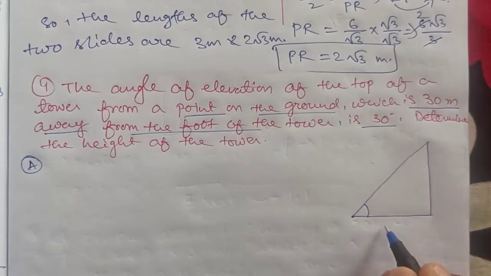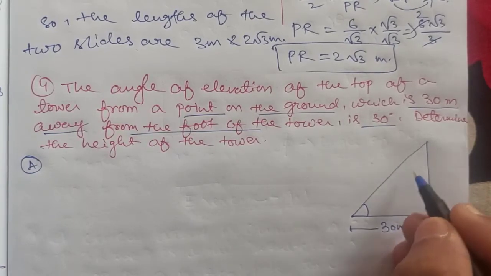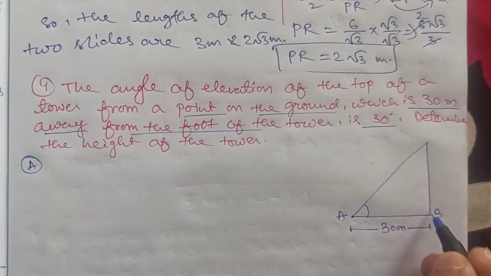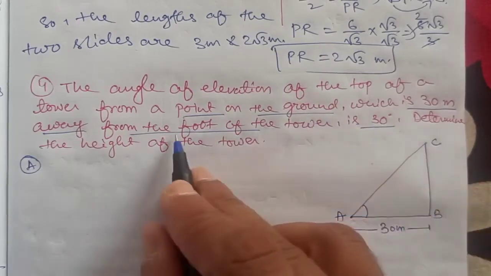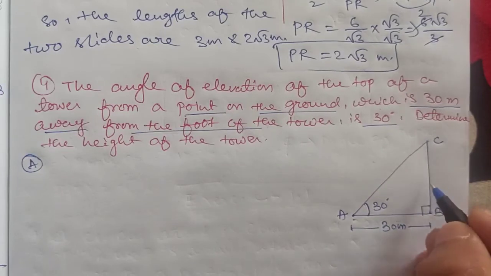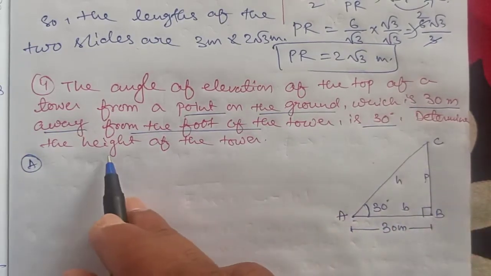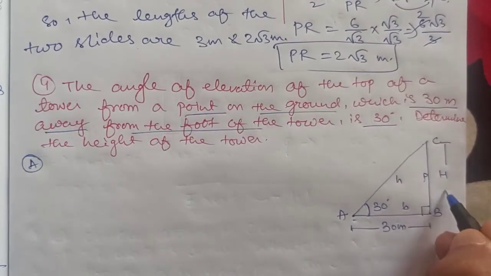Suppose point A is 30 meter away from the foot of the tower, that is from point B. This is C we will take. This angle is 30 degree. Now this is perpendicular, this is base, this one is hypotenuse. What we have to find out? It is given determine the height of the tower. This we will take H.